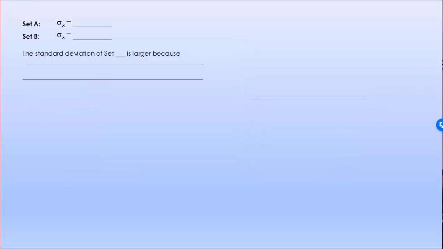So for set A, we had 1.83, and for set B we had, I believe it was 2.45. So the standard deviation of set B is larger because the data in set B is more spread out from the middle than the data in set A. So therefore the average distance from the middle for the data in set B is larger.